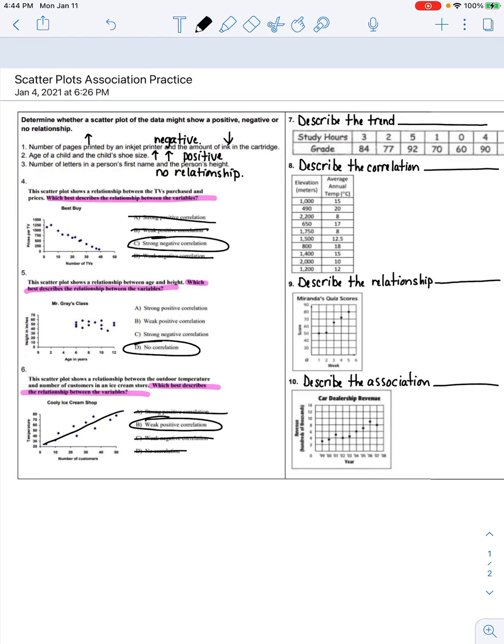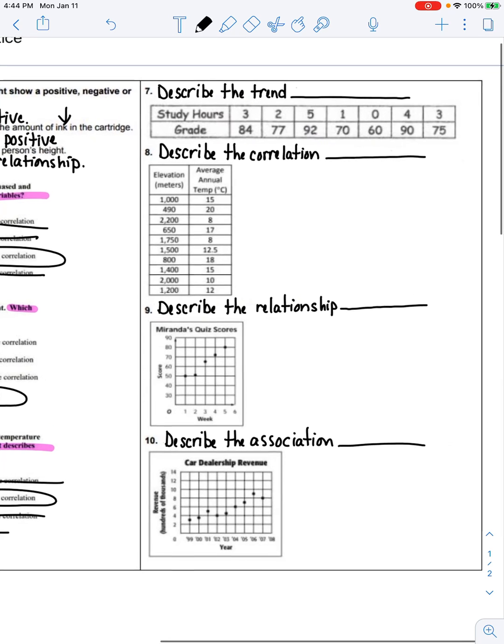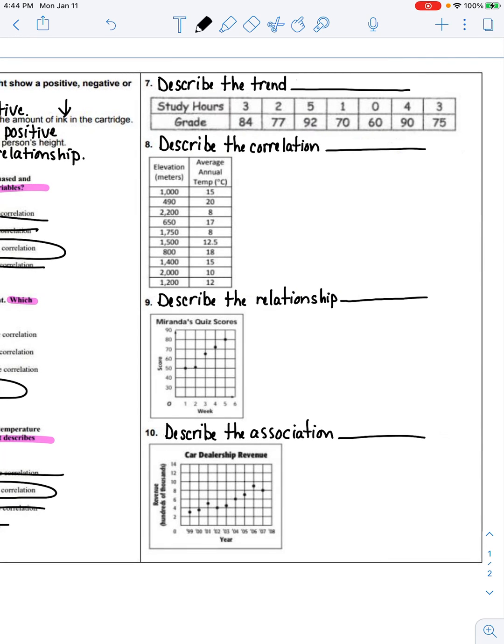All right, so now let's take a look at 7 through 10. I'm actually going to go ahead and do 9 and 10 because they're already graphs. And then I'm going to go over the tables. On number 9, those look pretty tight. They're pretty close to each other, so it's going to be a strong.